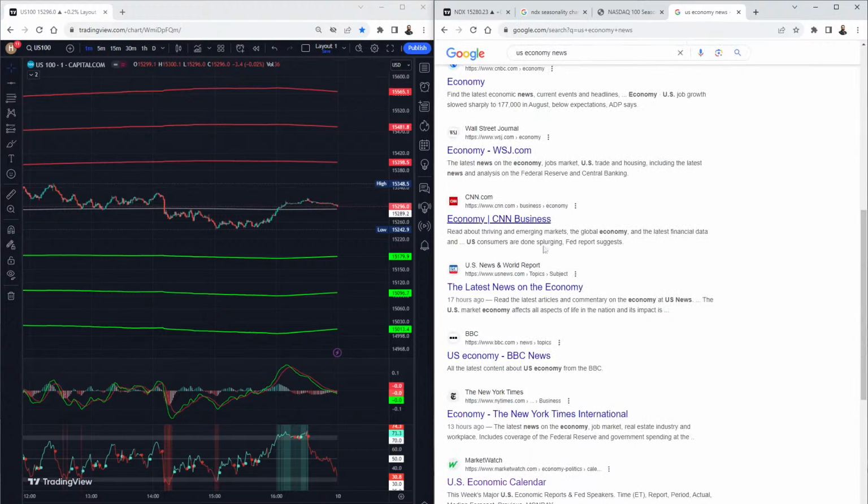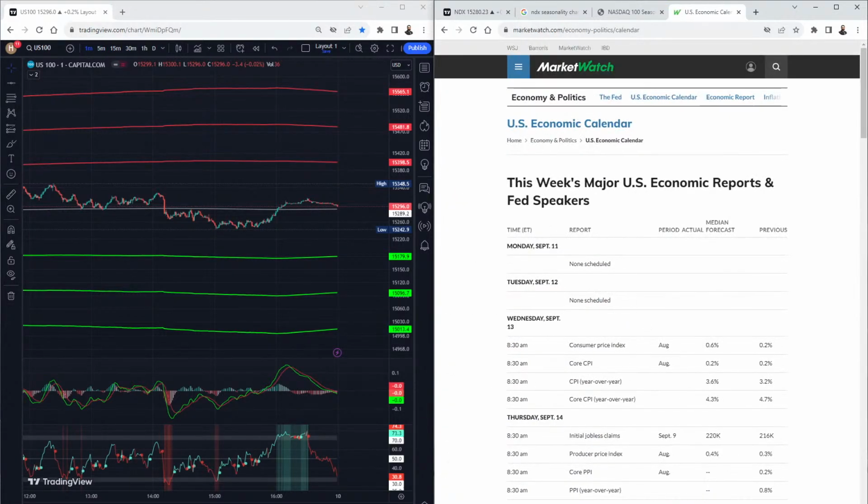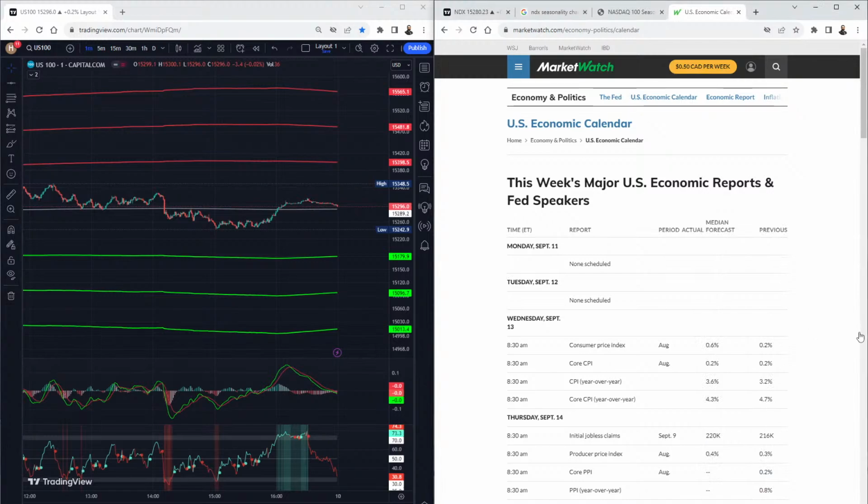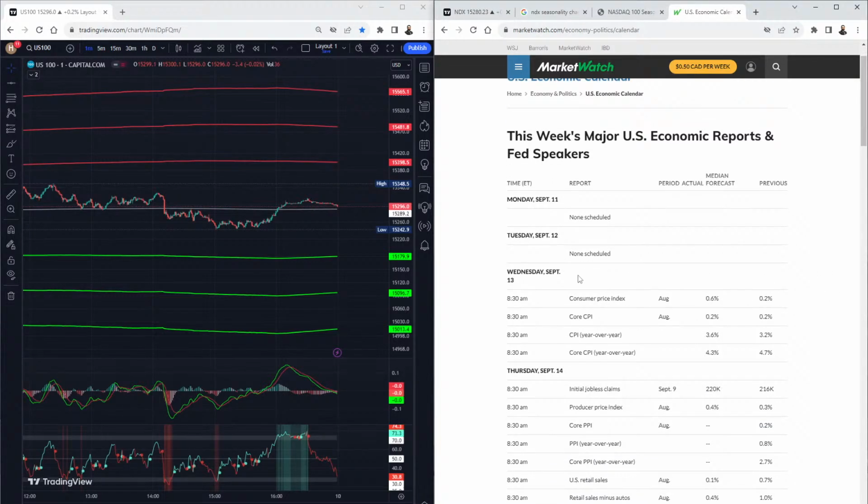So you can go to this US economic calendar, and you can see next Tuesday, 12th, actually 13th of September, we have CPI at 8:30 a.m. Eastern. All right, you can see what the forecast is.